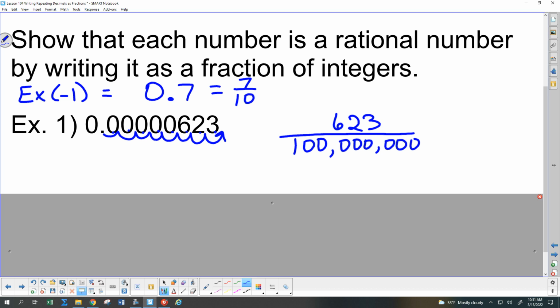So I'm technically multiplying my numerator by 10 to the 8th, and my denominator is 1 times 10 to the 8th, which means 8 zeros: 1, 2, 3, 4, 5, 6, 7, 8, and I'd have the same number. Easy enough, right?